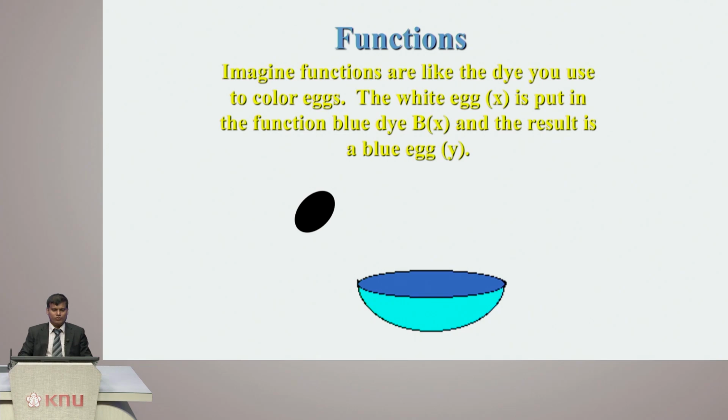So what we have here is the white has been turned to blue. That's the basic idea. Once you go through the function, the whole value changes. The white egg is the input, and in the function blue dye, we get the result as a blue egg.